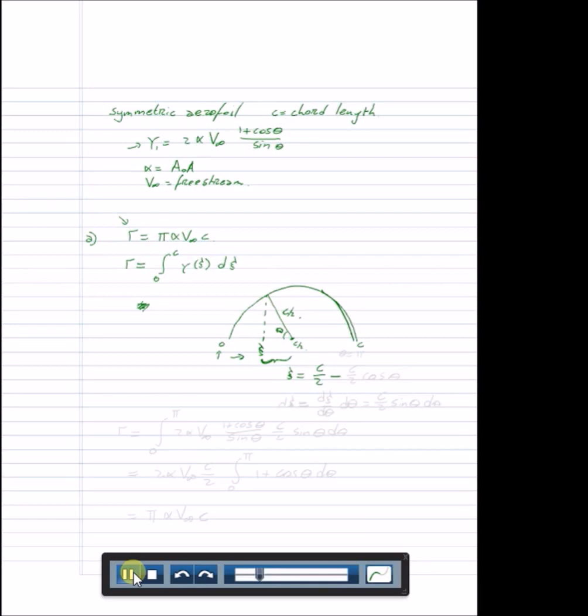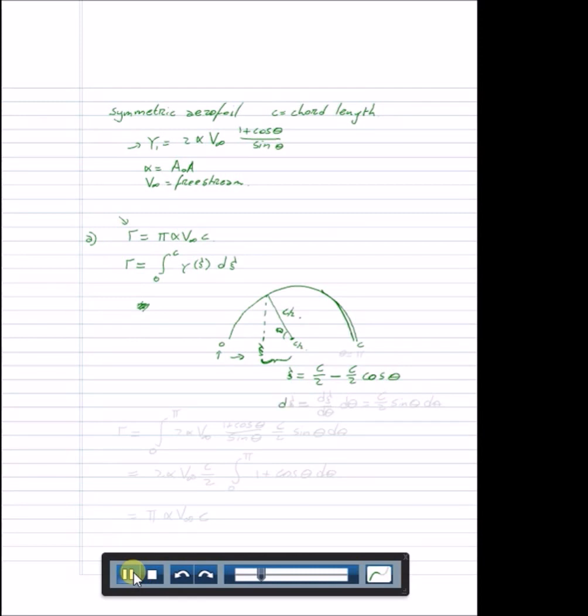So that bit from psi to C over 2 is C divided by 2 cosine theta. If you don't remember the relations between the Cartesian and polar coordinates, we can do it that way.